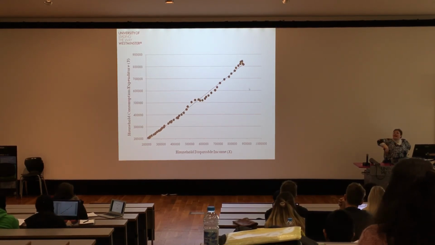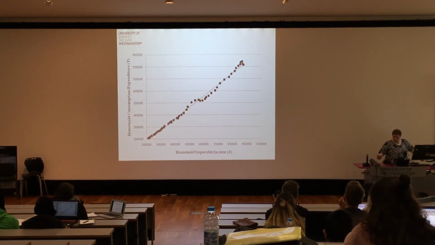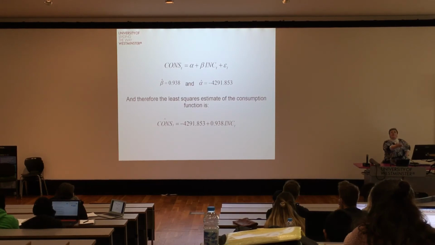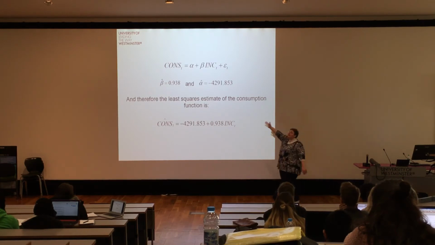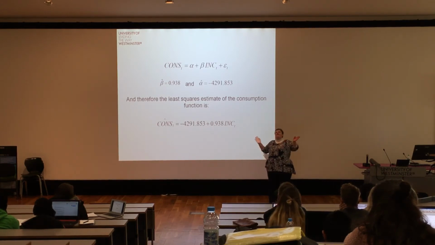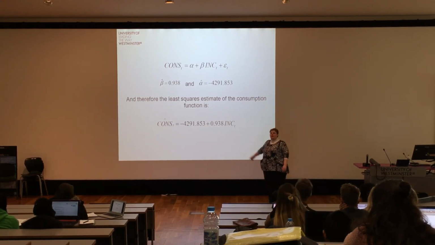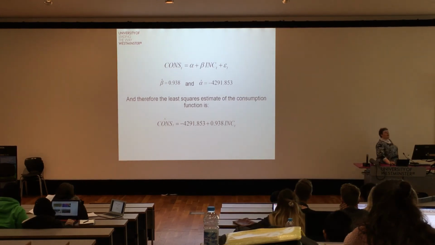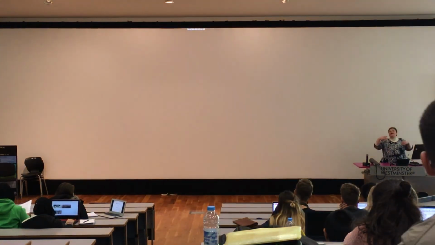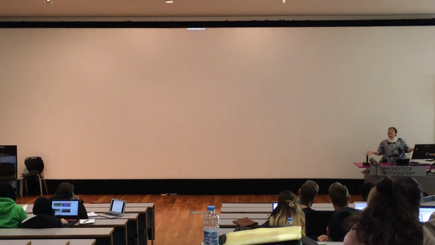So we can fit a line through this data, and we can compute alpha and beta. As simple as that. There is software, even freely available on the internet, in which you put the data and you get alpha and beta. Guys, we will see exercises about this and how to interpret the regression coefficient.